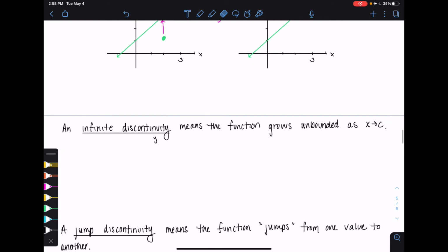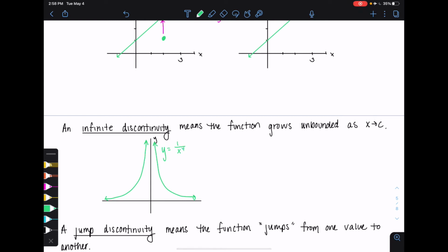The next one is called an infinite discontinuity, and basically your function grows unbounded as you approach that number. The best thing you can think of is one of our nice functions, 1 over x squared, which we spent a lot of time with, or x to the fourth, whatever you want.